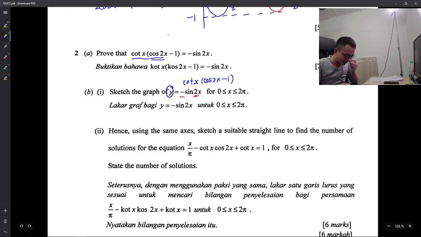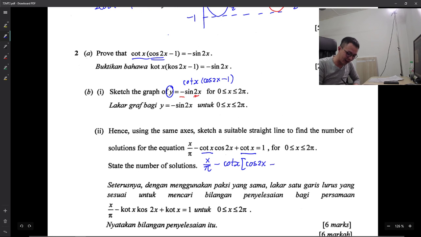So therefore, my objective: I see the cotangent x. Yeah, cotangent x is over here. But I want the bracket to be something like cos 2x minus 1. So what I will do is, I see both also have cotangent, then I will factorize out the cotangent x from here. So I will get cos 2x minus 1, because I factorize out the negative cotangent x.